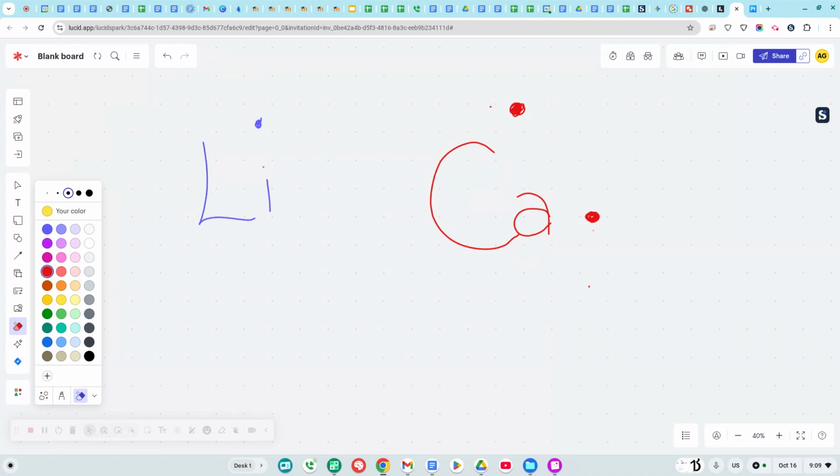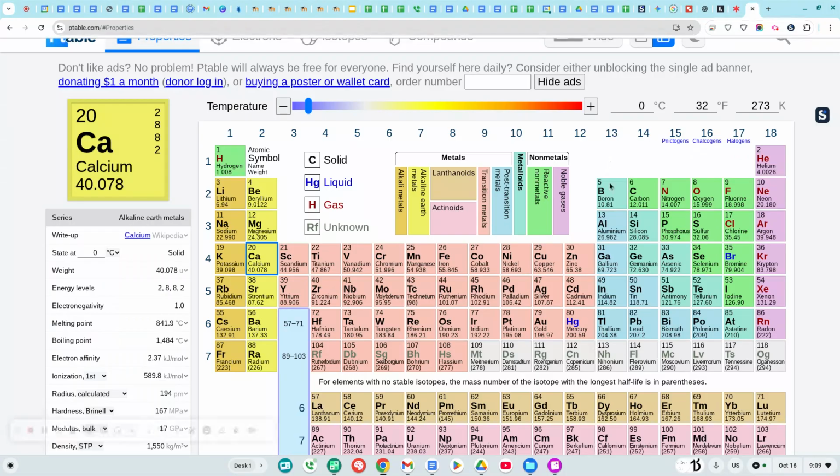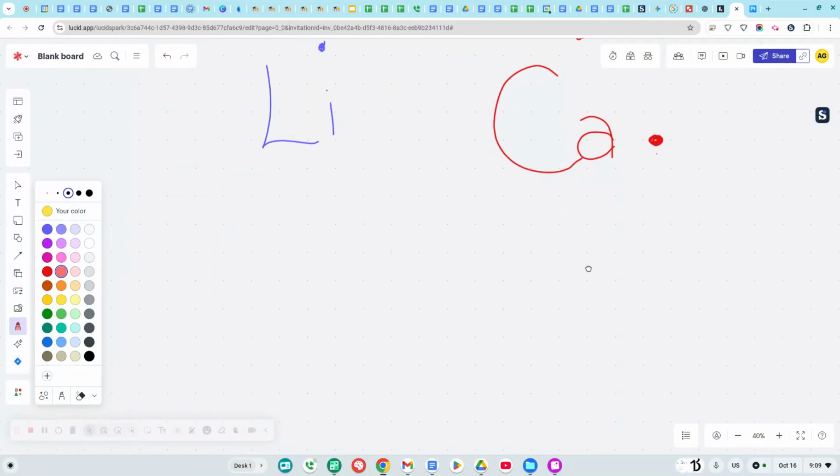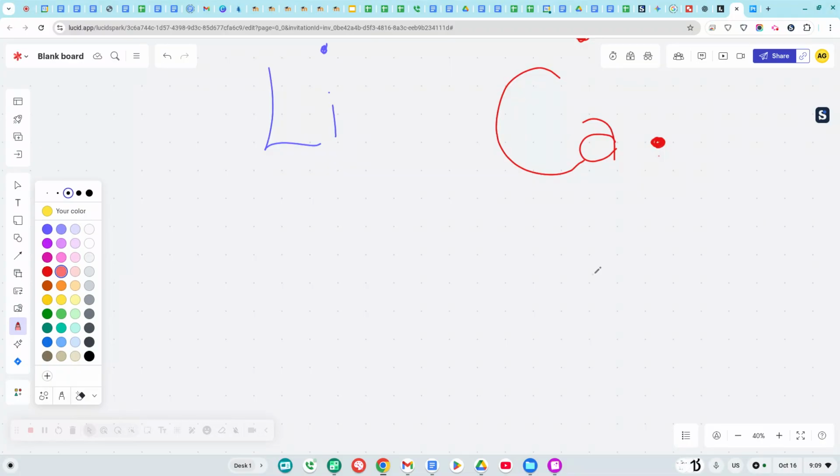So let's look at one that's in group 13. Now group 13, we'll look at boron. Remember, group 13 has 3 valence electrons. So let's come down here, and we're going to do boron.